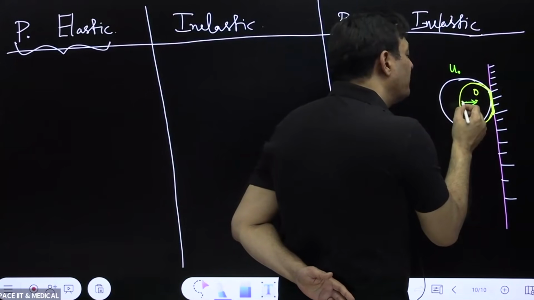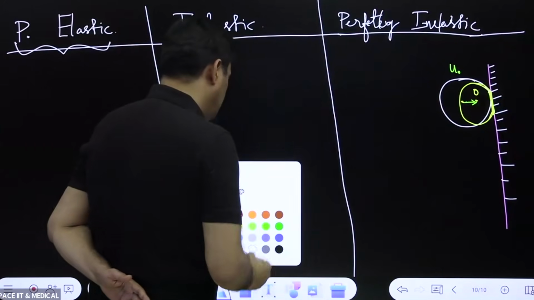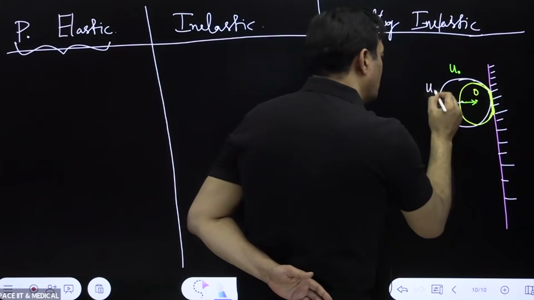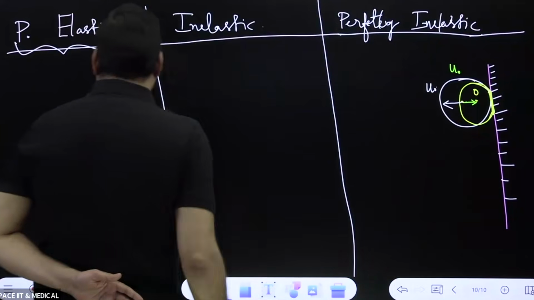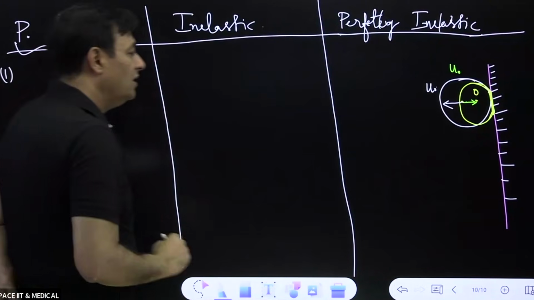And suppose after the collision, the ball returns back with the same velocity u0. Such collisions are called elastic collisions or perfectly elastic collisions.